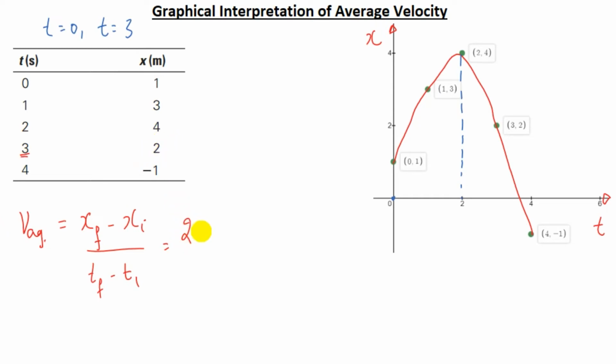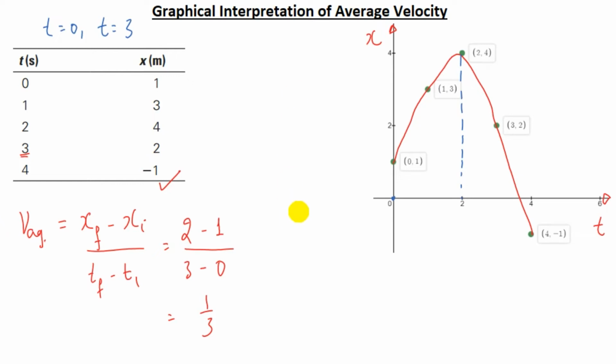So we can write 2 minus xi. xi is 1, so we write 1, divided by tf minus ti. So tf is 3, and the initial time is 0. So that would be equal to 1 over 3. This we have calculated from this table. Now let's calculate the average velocity by using this xt graph.